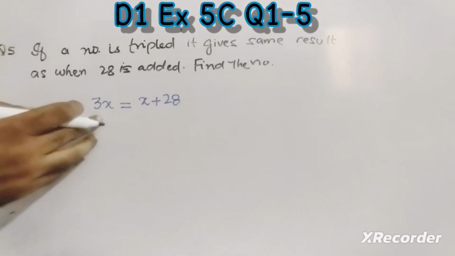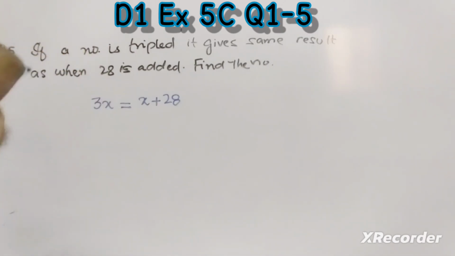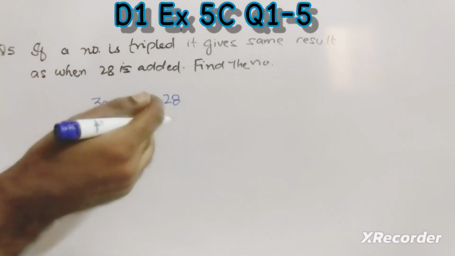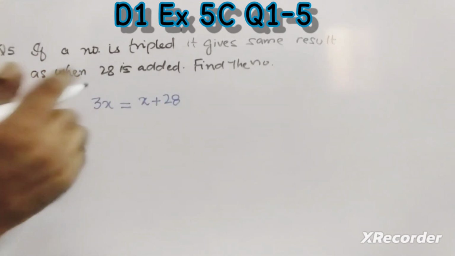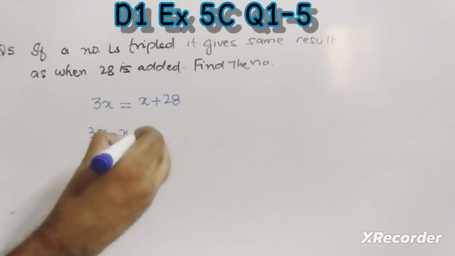So 3 times of a number is equal to number plus 28. Now we find the value of x. So x is adding on there, so 3x less x will be 28.